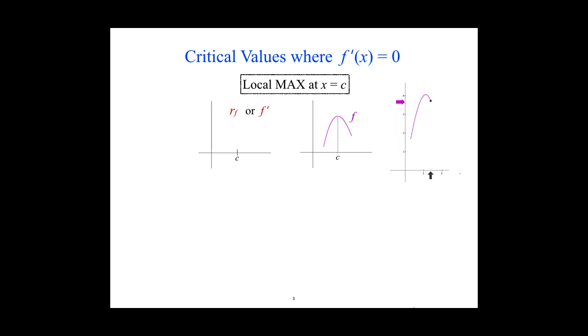So I could have a maximum, a local maximum, because I don't know what else is going on. It could be a polynomial that goes up and down a bunch of times. But if I have a derivative equal to 0, I could have something like this, where I increase and then pause and then decrease, which would mean that my rate function, let's see, the rate of change of a function that's increasing is positive.